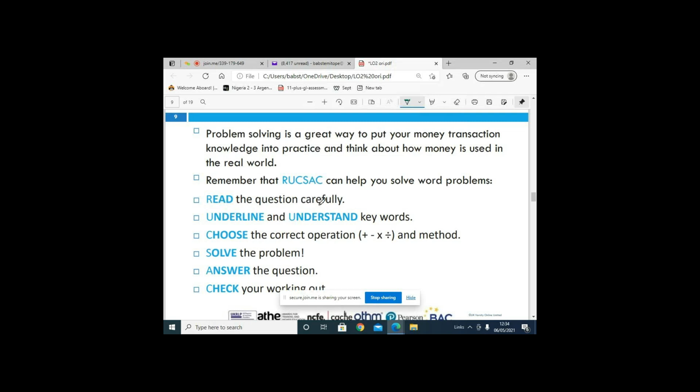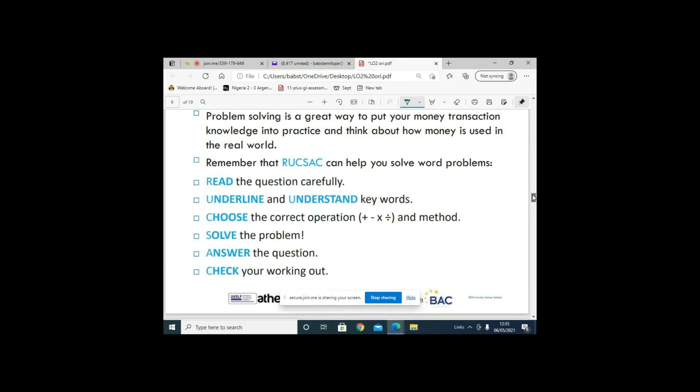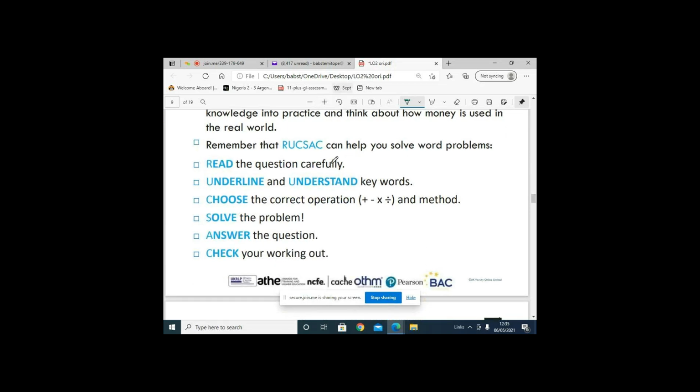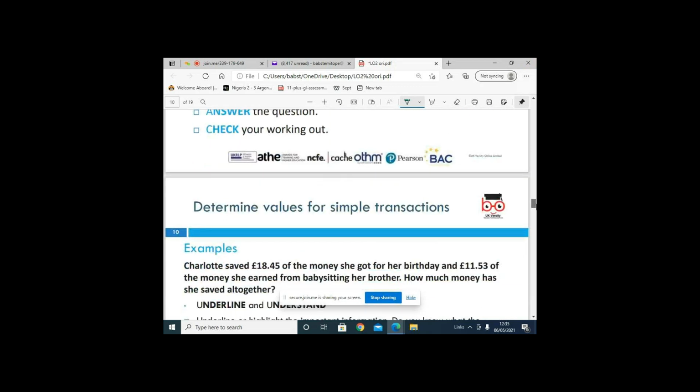You read the question carefully, understand and underline the keywords, choose the correct operation and method, solve the problem, answer the question, then check your working out.